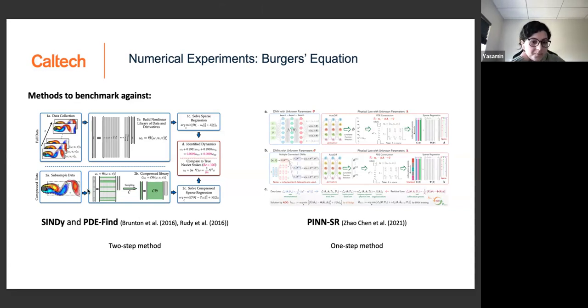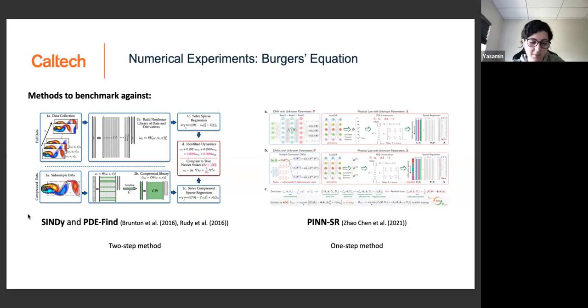So what SINDy does essentially is that for the first step, they usually either assume that U is known or they just use some classical techniques to recover the U, and then for the P function itself, what they do is that they use a library of these candidate functions, and in particular for Burgers, it's a polynomial library, and then they try to recover the terms.